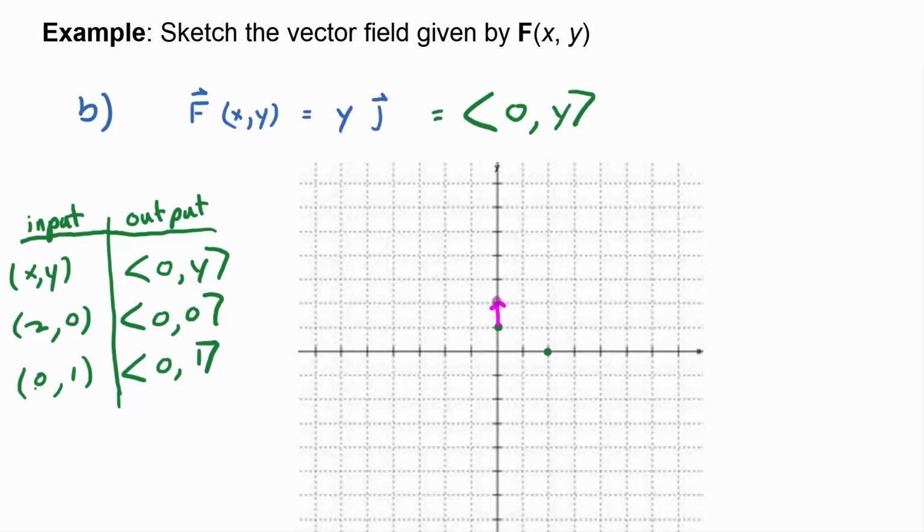But what would it look like if we made the input 0, 2? The x coordinate's always 0, right? That's what this says. So it's always a vector pointing straight up, and its length is basically the length of the y coordinate. So it would be the vector 0, 2.